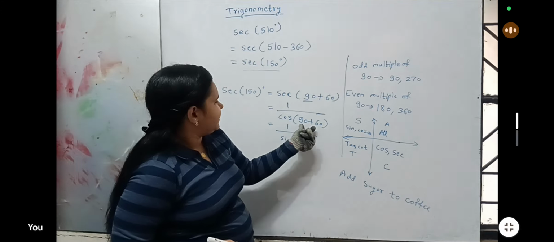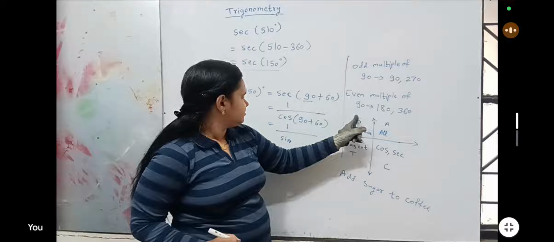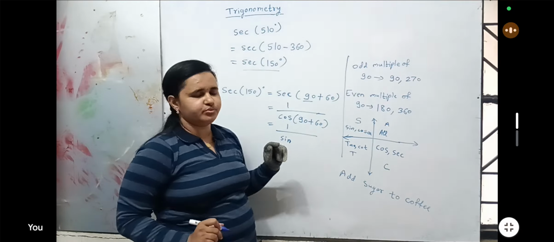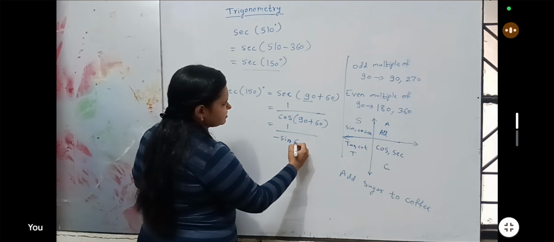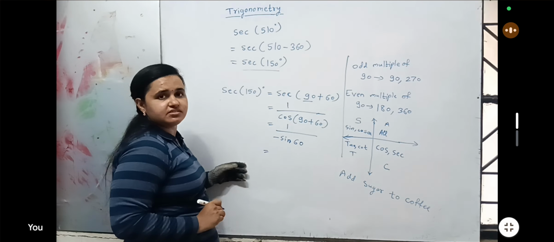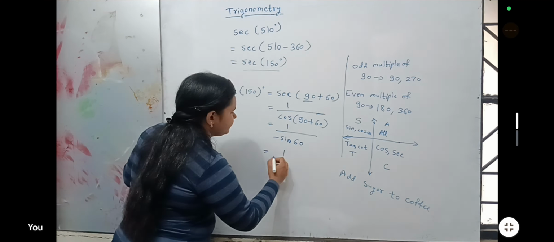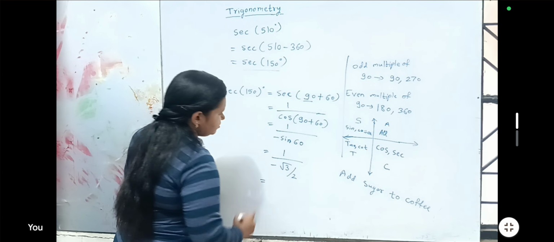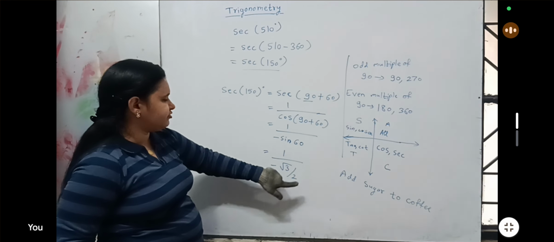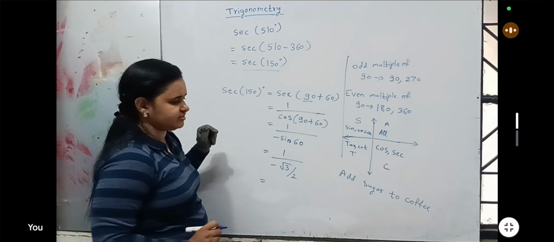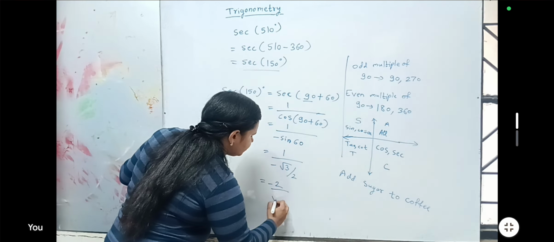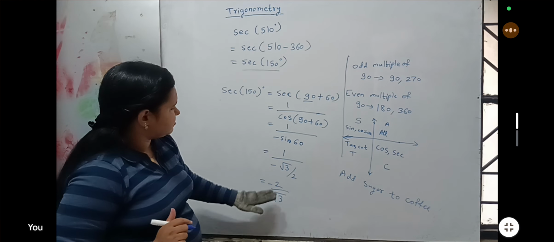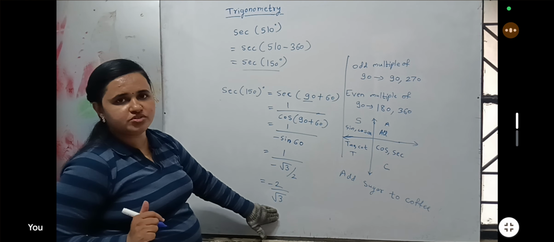And 90 plus 60 is going into the second quadrant, where only sine and cosec are positive. Cos is negative, so it will be minus sine 60. And sine 60 is root 3 by 2. So it will be 1 upon minus root 3 by 2. The denominator will go into the numerator, so it will be minus 2 upon root 3. Okay. So option number 4 is the answer, minus 2 upon root 3.